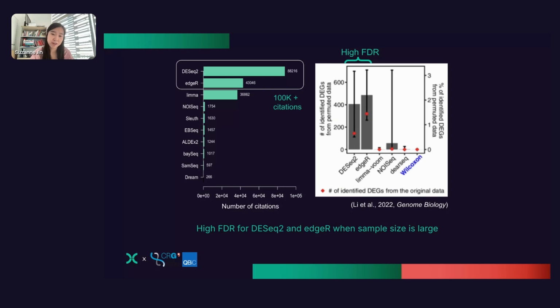Indeed, what this study, and perhaps more studies, found is that both methods produce a high false discovery rate when the dataset has a lot of samples. As you can see from this figure, it shows the number of genes that are identified as differentially expressed by different methods from randomly permuted data. The expectation is that none of the genes should be significantly different across the conditions because everything is random.